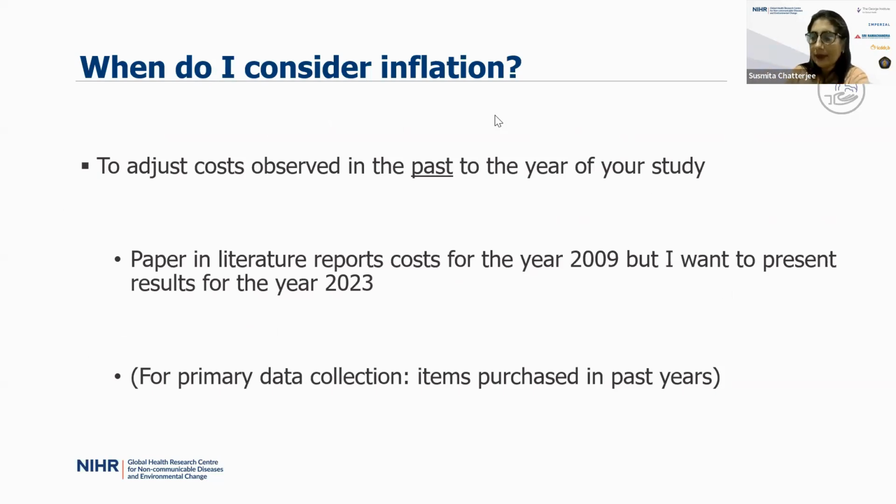Suppose you are getting that cost for 2009, and you are doing the calculation sitting in 2024, but doing it for 2023. You know why? Because the 2024 financial year has not ended. As I said, if you do a full costing study, you have to take the last completed financial year. So that's the year 2023, which has ended. 2024 is still ongoing. You cannot get the full financial information for 2024. So that's why I said 2023.